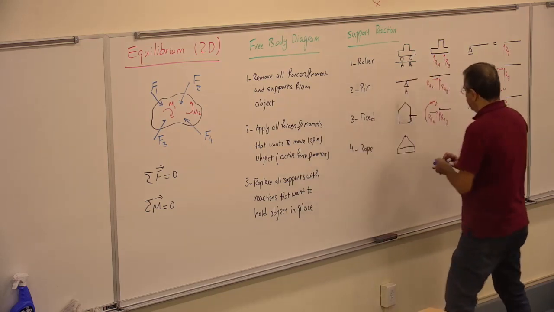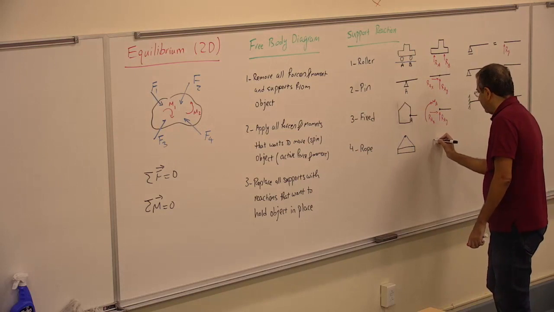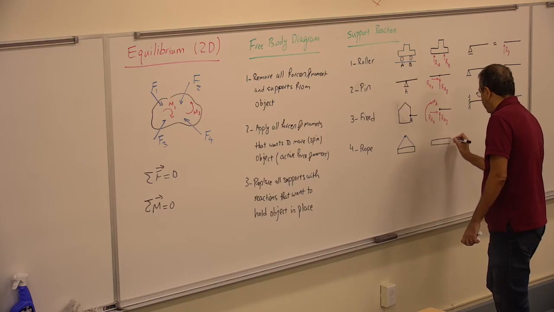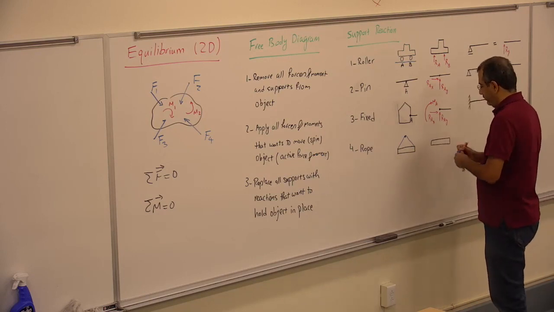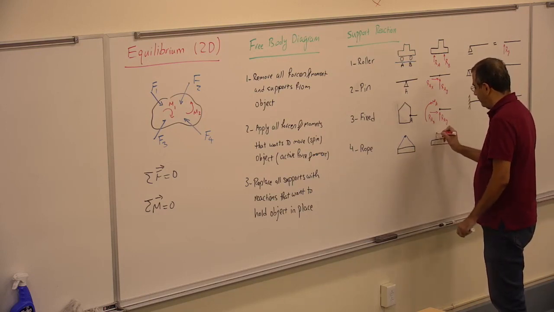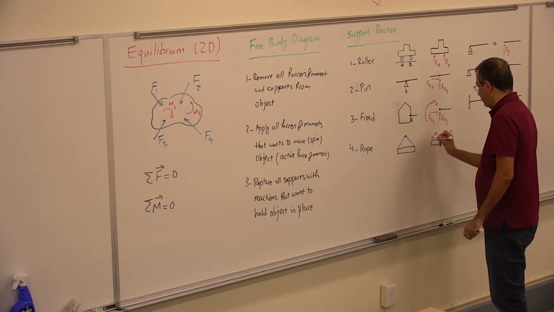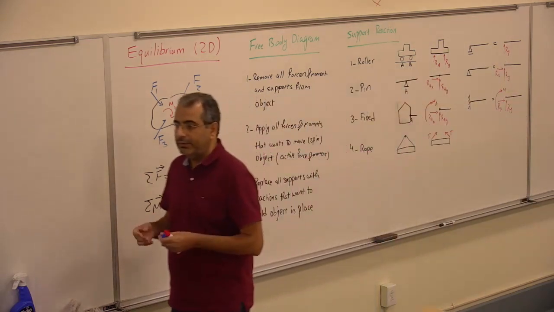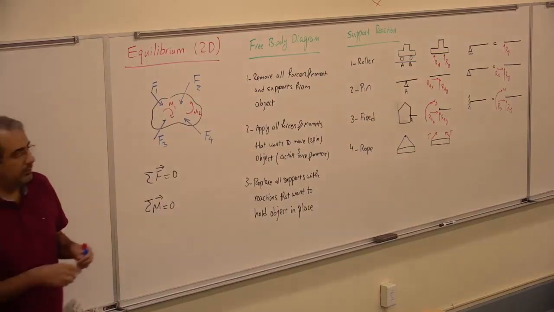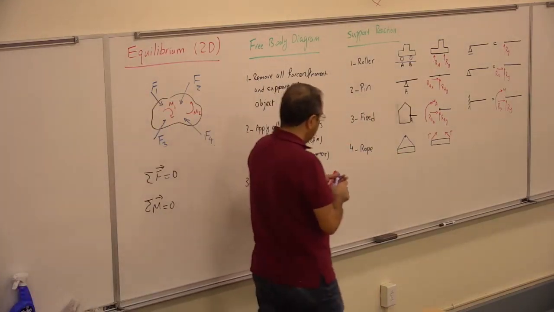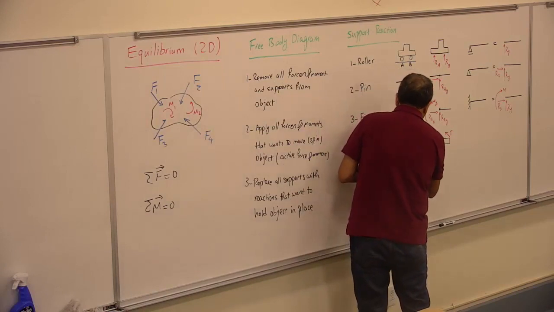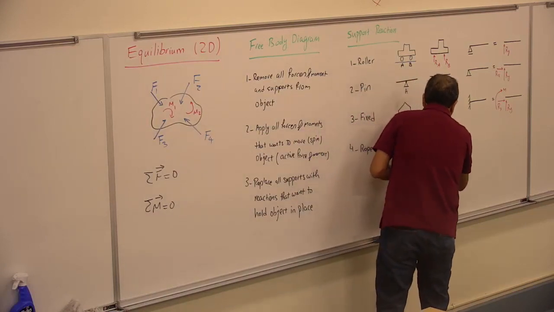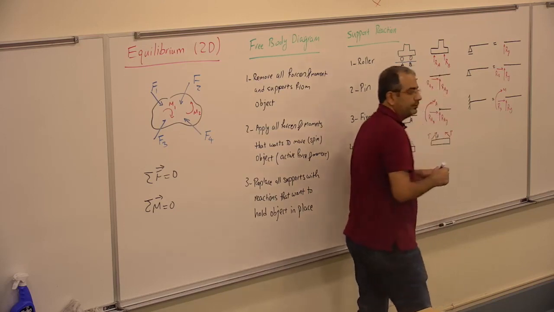You can replace the rope with the tension in the rope. So remember, the rope is always in tension and always in the direction of the rope. So if this angle is theta, this angle is going to be also theta.